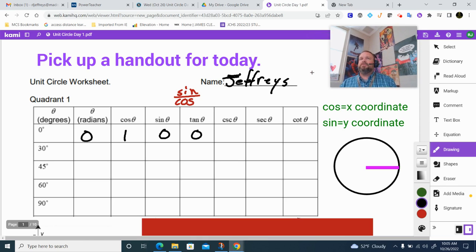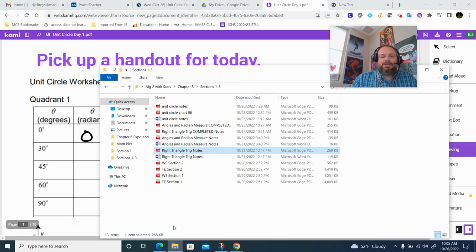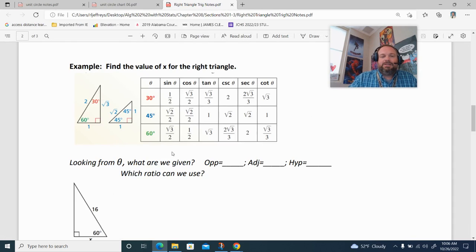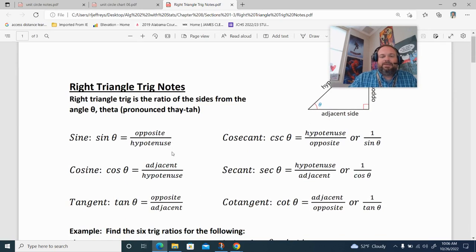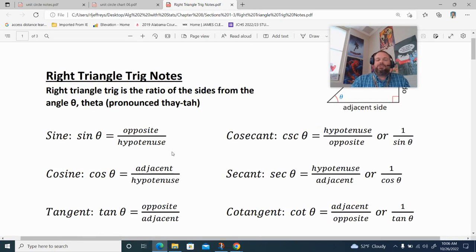Who remembers what cosecant is? It's the reciprocal of, not my mom. Who remembers from the notes the other day? Yeah, there were notes the other day. Okay. Cosecant actually goes with sine.